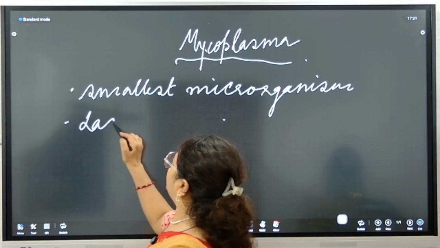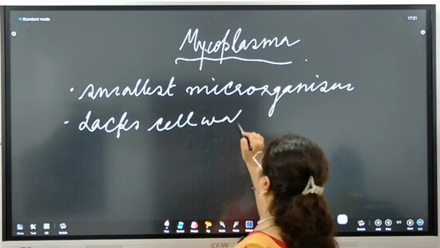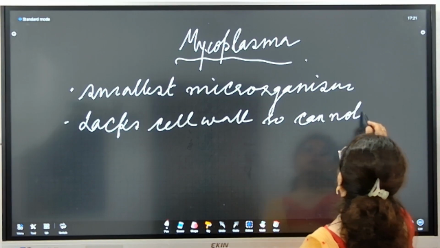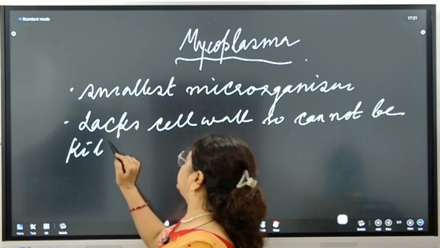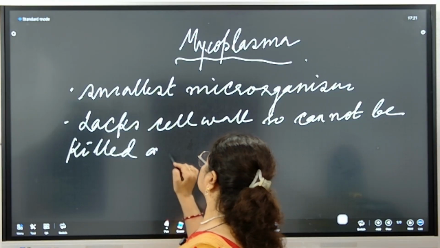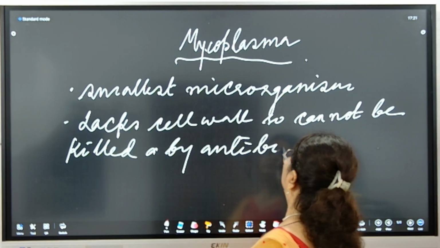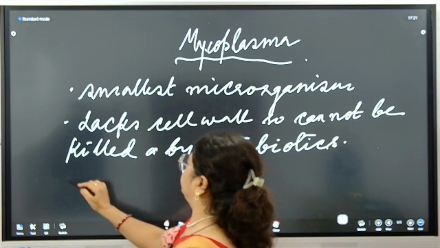They lack a cell wall, so they cannot be killed by antibiotics. Why? Because antibiotics target the cell wall, and they have no cell wall.